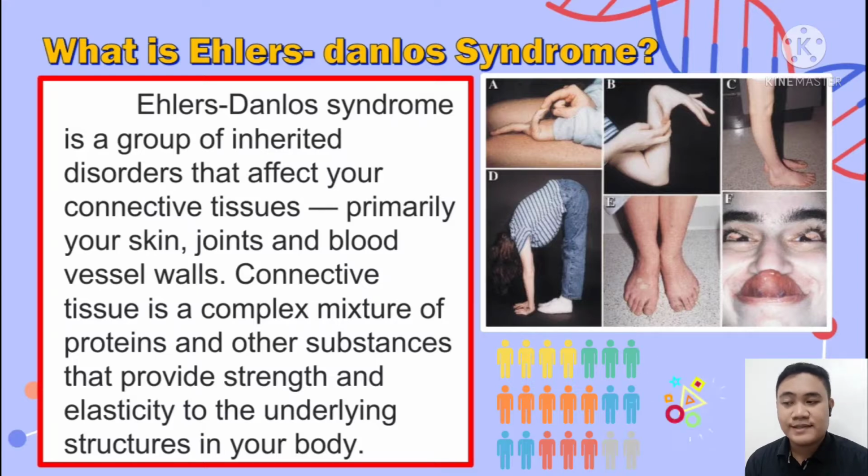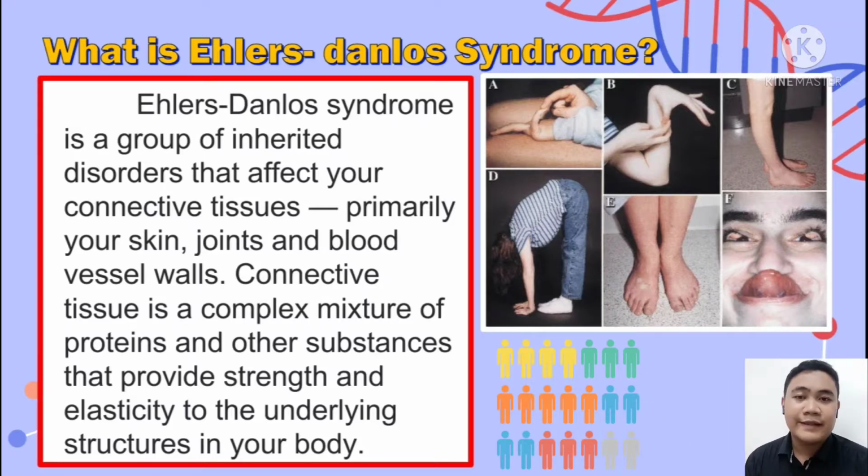Connective tissue is a complex mixture of proteins and other substances that provide strength and elasticity to the underlying structures in your body. As you observed in the image, EDS targets the skin, the joints, and the blood vessel walls, which makes it so that a person who has EDS has elastic skin.